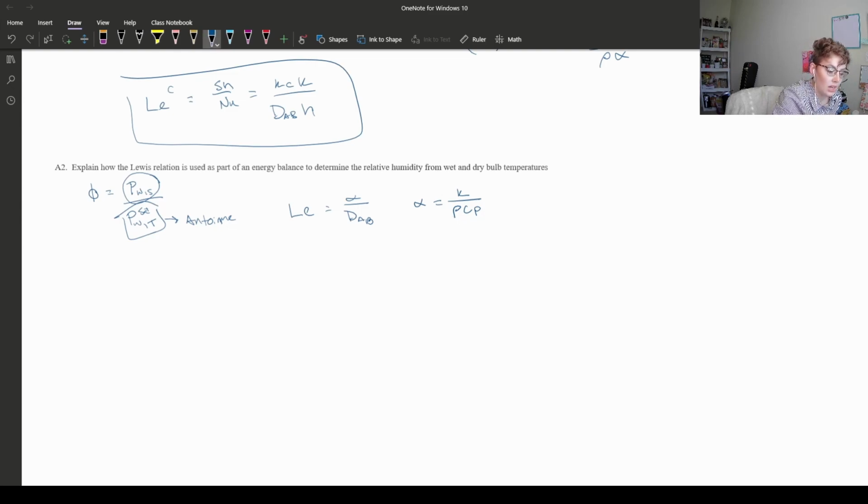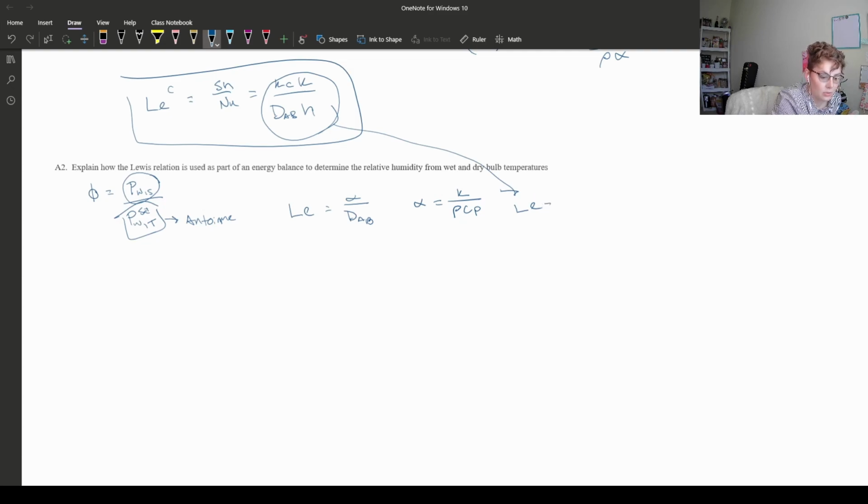So when we look at this Lewis relation and how it relates to this part of the equation up here, we can see that we're going to be able to make some connections.